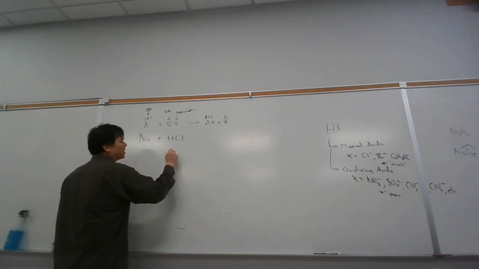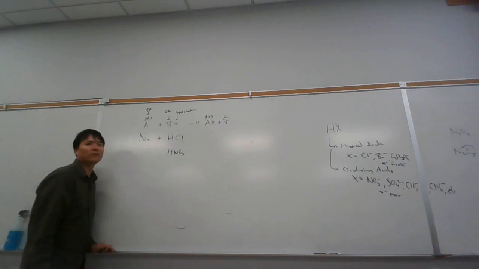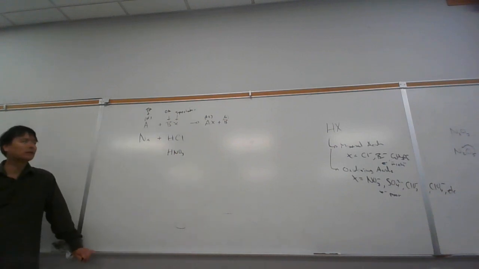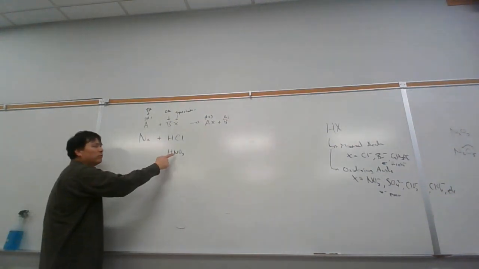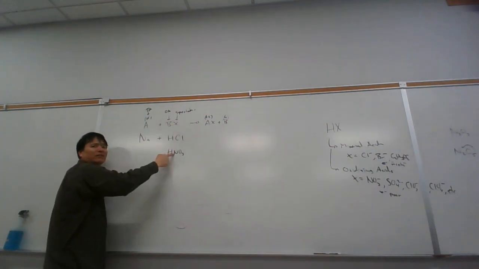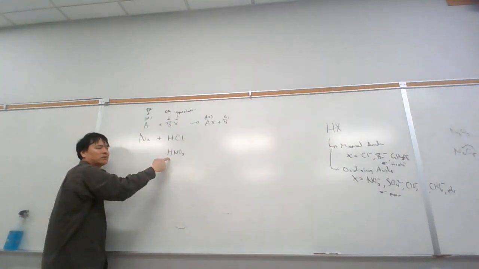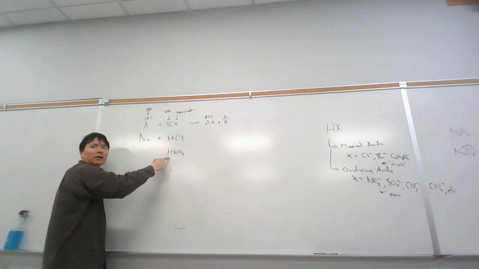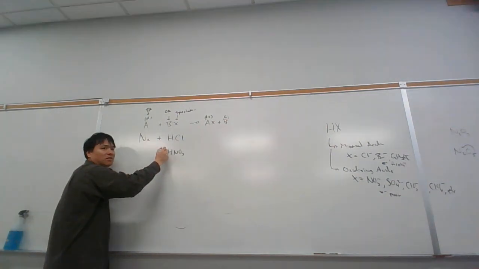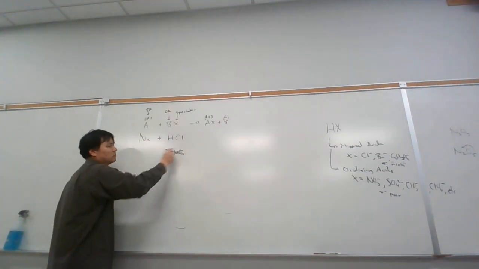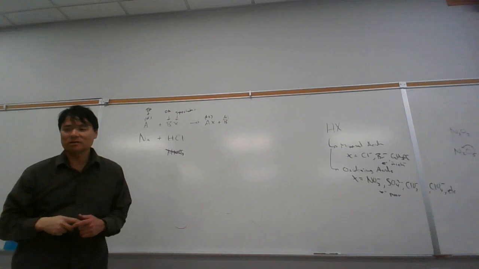But if I had HNO3 here, no, this is not going to work great because, is nitrate going to want to spectate? No, because nitrate is a much better oxidizer than H plus. Does that make sense? Yeah? No? And so this is just to draw a distinction.